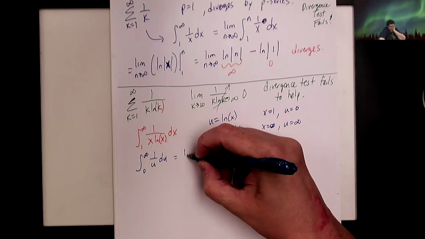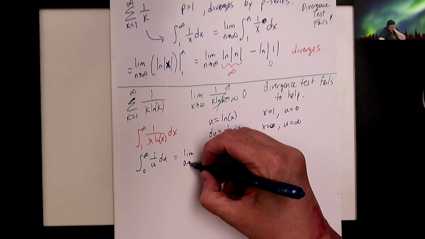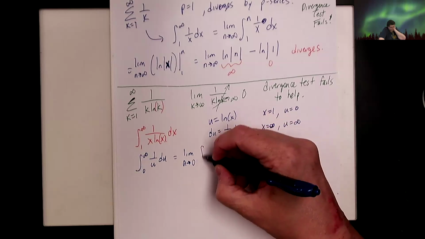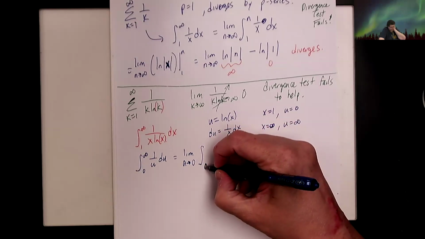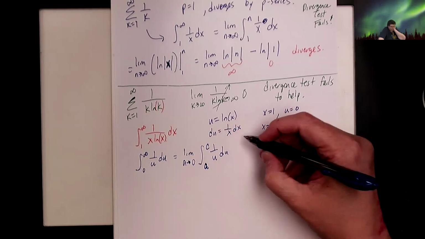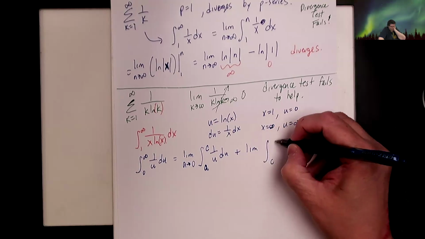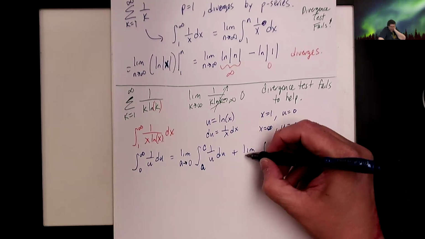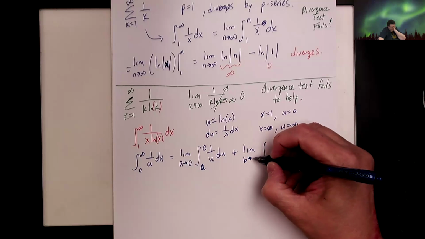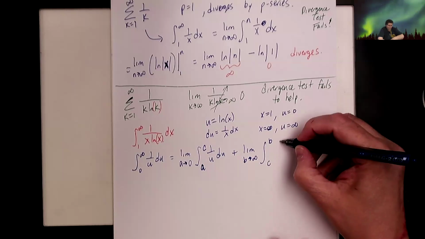And we should rewrite this as the limit as a goes to 0 of the integral from a to c of 1 over u du, plus the limit, going from c to infinity. I need a different letter here. I'll say b goes to infinity of the integral from c to b of 1 over u du.